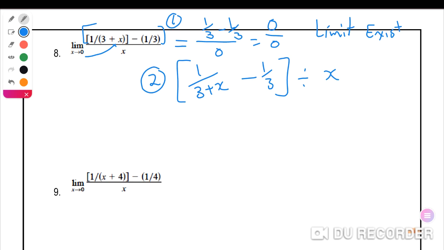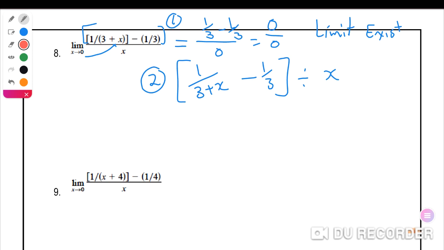In this case, I simplify the numerator by doing the subtraction. How to subtract rational functions? As you see, 1 over 3 plus x minus 1 over 3. The result of this subtraction will also be a rational function.